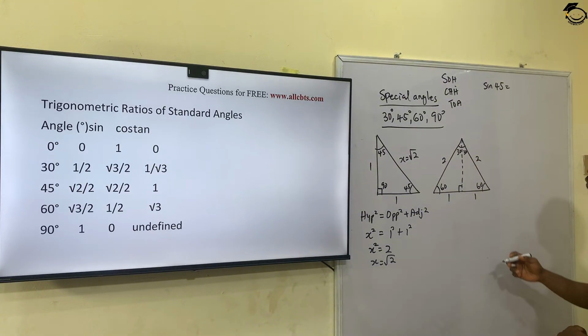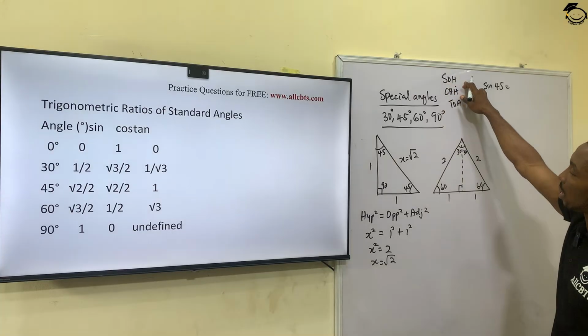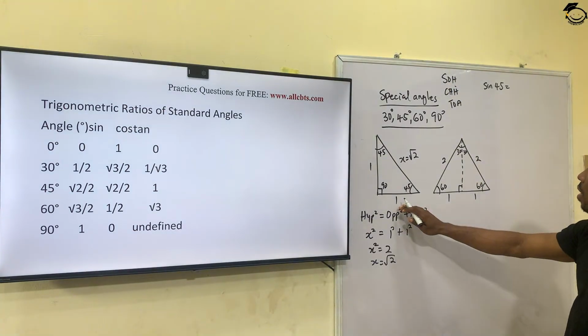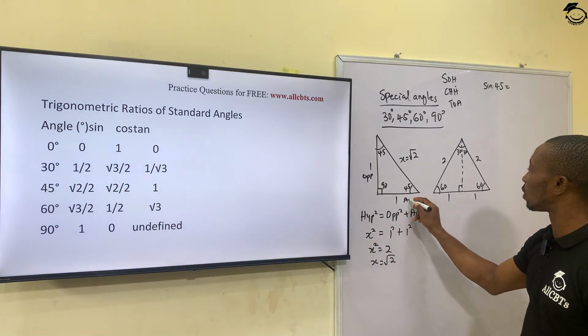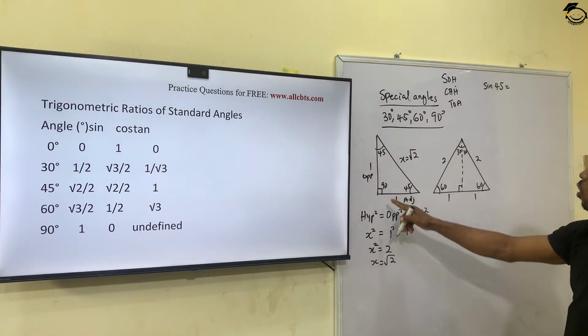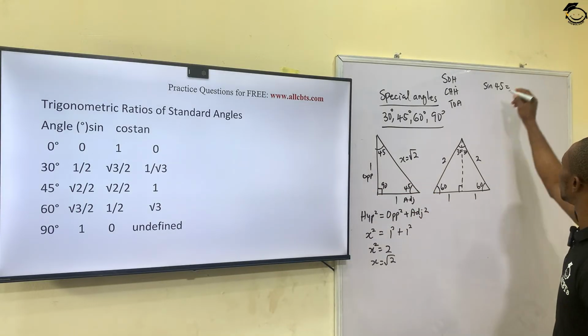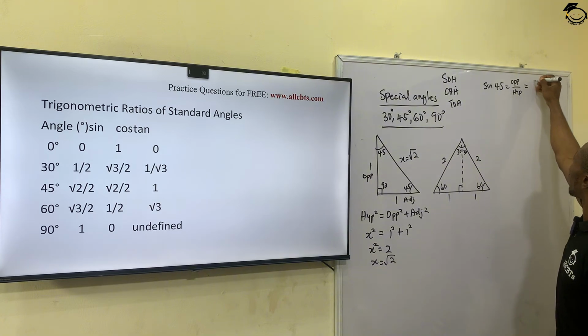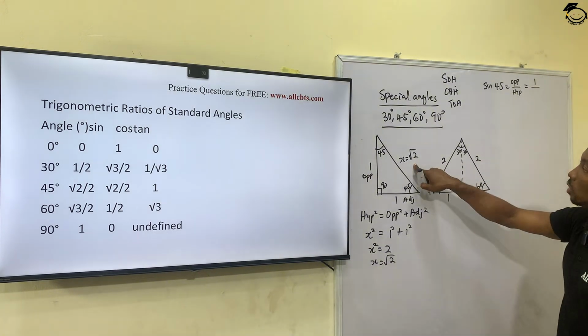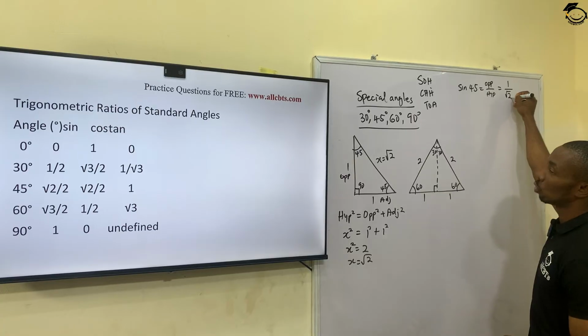Sine 45 will be opposite over hypotenuse. So here, let's label this as our opposite and adjacent. Our opposite here is 1. Opposite over hypotenuse, we have it as 1, and the hypotenuse will be root 2.